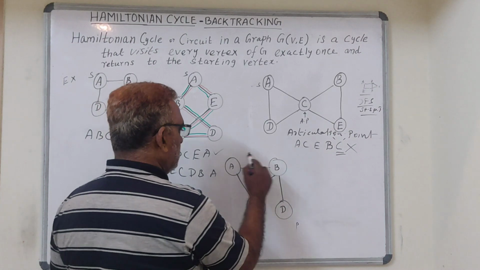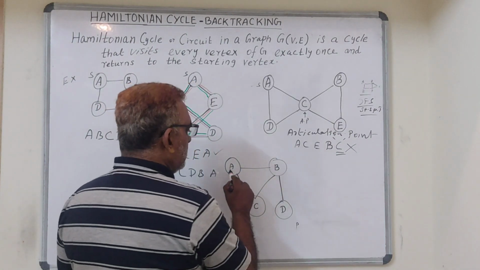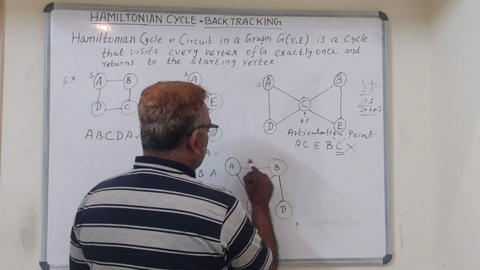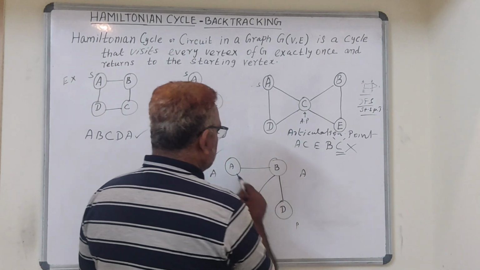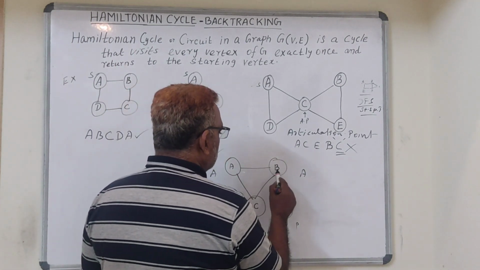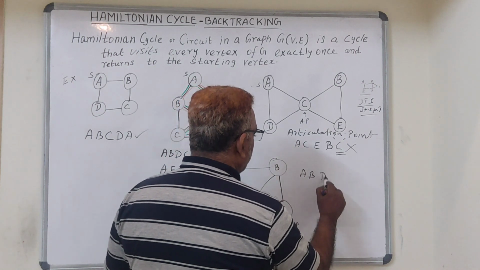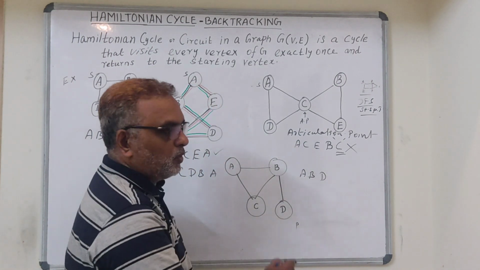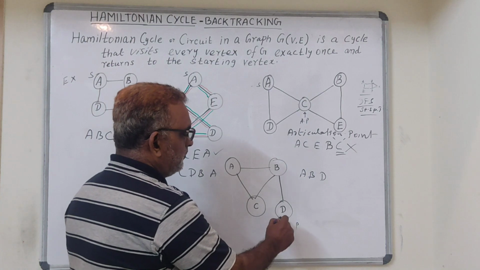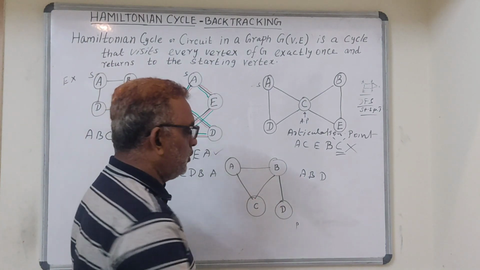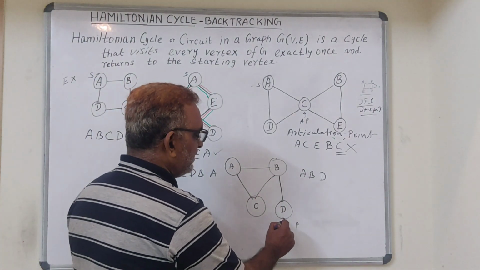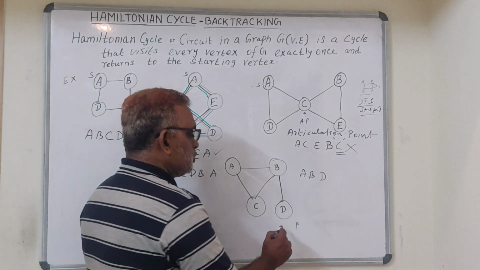Similarly, another example. Let us consider the starting vertex is A. From A, travel to B. From B to D. There is no connection from D. No vertex is connected from D. So what will happen?